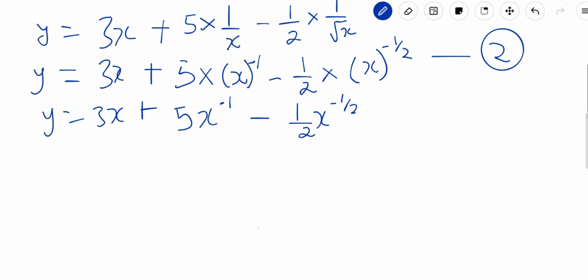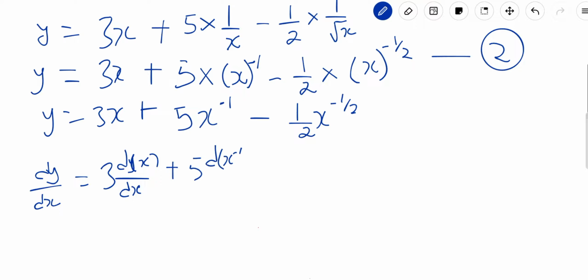Putting all that into context, if I have to differentiate, dy/dx is equal to 3 d/dx of x plus 5 d/dx of x to the power of minus 1 minus 1 over 2 d/dx of x to the power of negative 1 over 2.